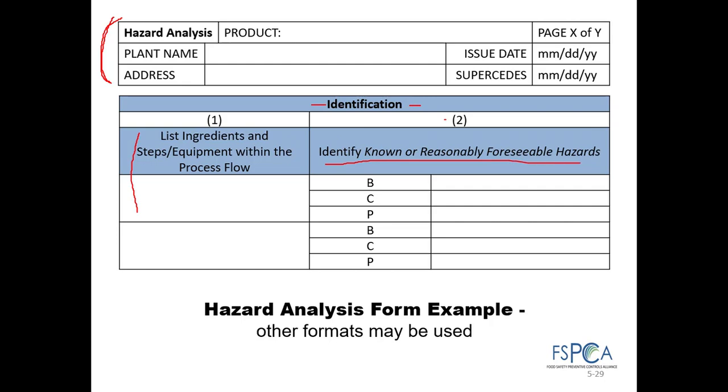And you'll notice I have them split up BCP. That stands for biological, chemical, and physical. That particular piece is not a requirement, but I think is good for communication and helps you kind of figure out how to deal with those. So this is your list of all your known or reasonably foreseeable hazards within your facility.